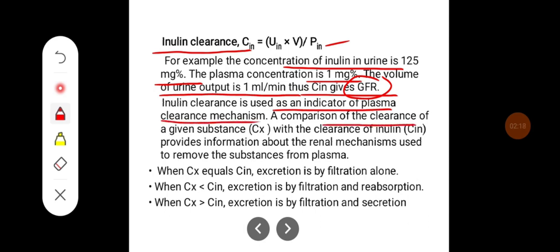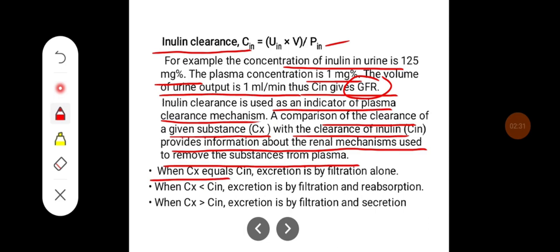A comparison of clearance of a given substance with the clearance of inulin provides information about the renal mechanisms used to remove the substances from the plasma. When the clearance of any other substance equals the clearance of inulin, the excretion is by filtration alone.